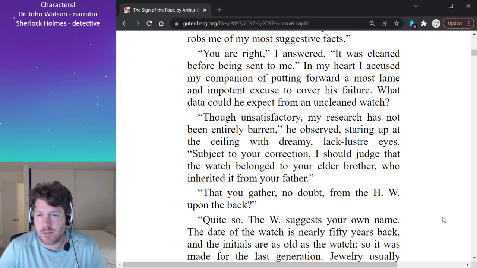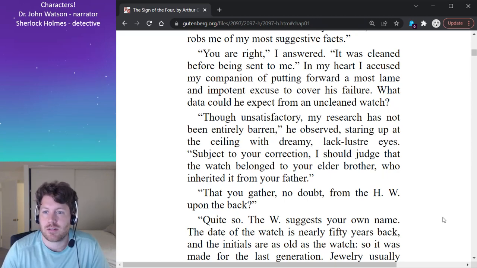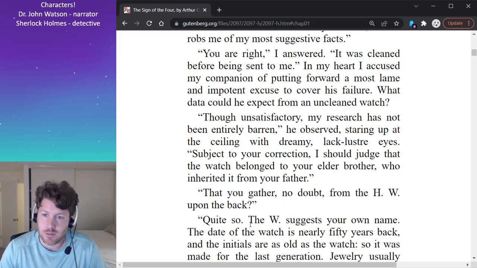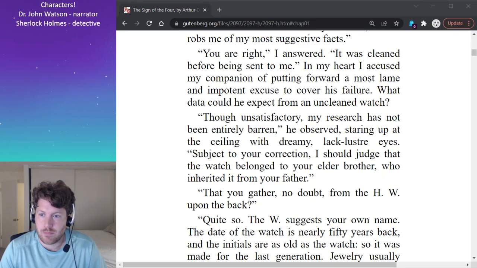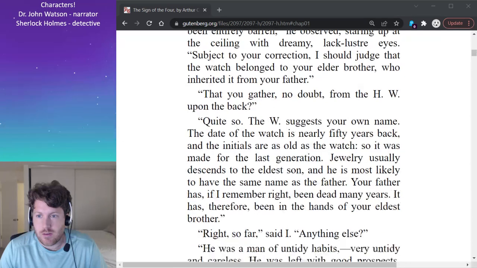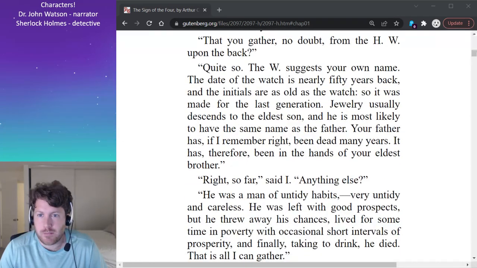Though unsatisfactory, my research has not been entirely barren, he observed, staring up at the ceiling with dreamy, lackluster eyes. Subject to your correction, I should judge that the watch belonged to your elder brother, who inherited it from your father. That you gather, no doubt, from the HW upon the back. Quite so.